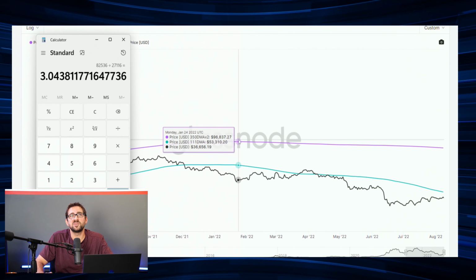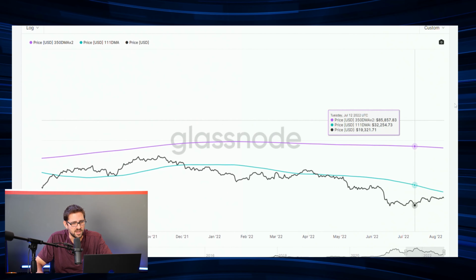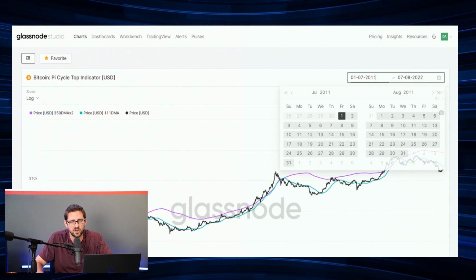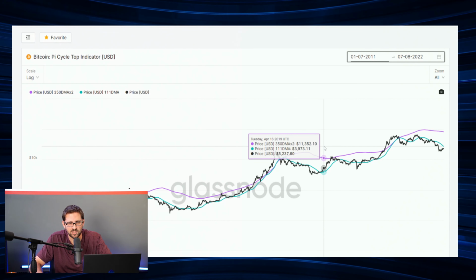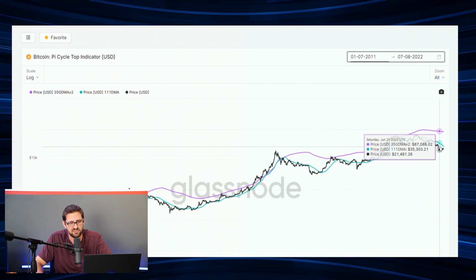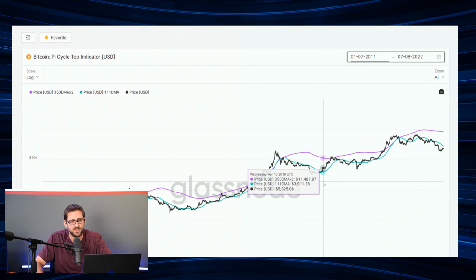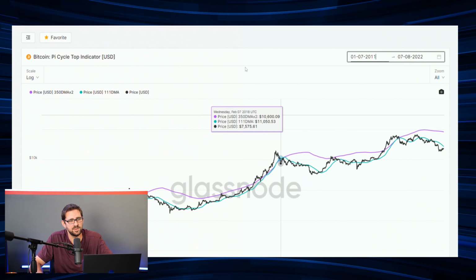You get the deviation of 3.04. Now, again, you have heard multiple people talk about this Pi cycle top indicator. I've reverse engineered it to find a bottom, and this has been spot on every single time. Every single time. That's exhibit number 2.